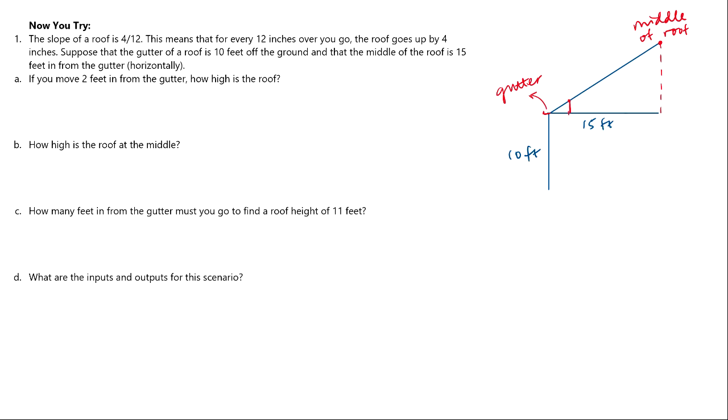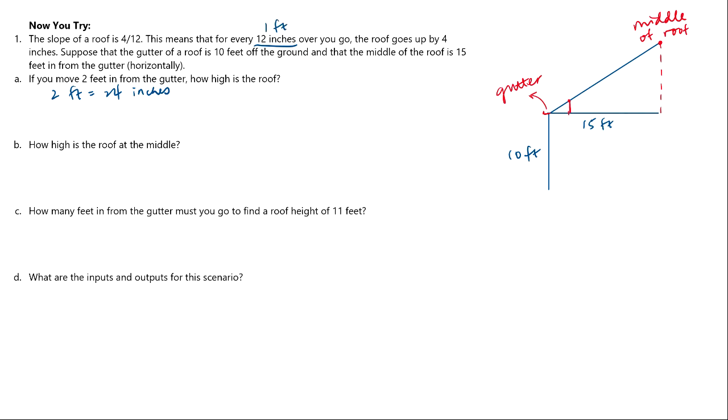One way we can think about it is for every 12 inches over you go, the roof goes up by 4 inches. So right away you can see if we have 2 feet, that means we're going 24 inches. That's one way we can think about it, because 12 inches is equal to 1 foot. You can alternatively do the other way by converting 12 inches into 1 foot over here.